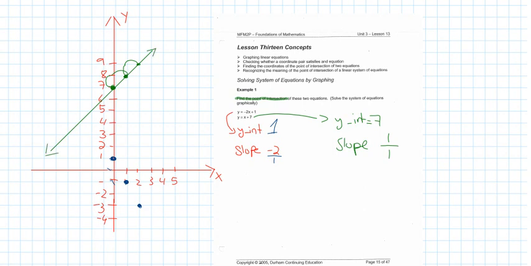So if I extend both my lines, because I can't see it right now, but I'm going to extend a little bit. Do you see where the two lines are intersecting? Can you see that point of intersection?